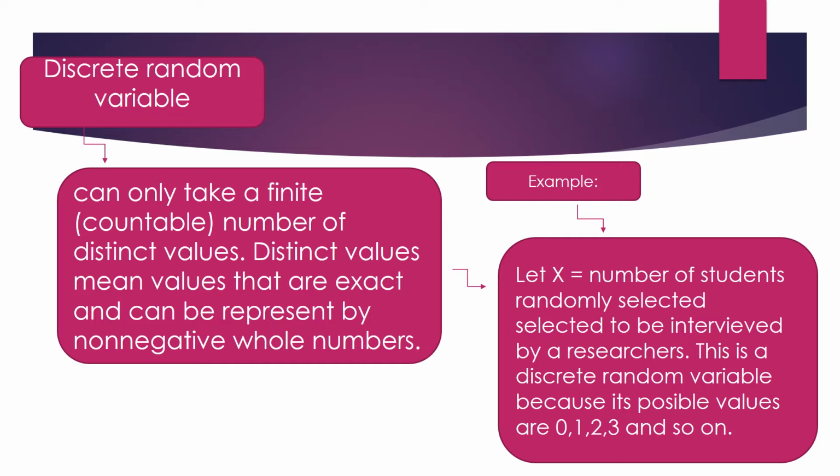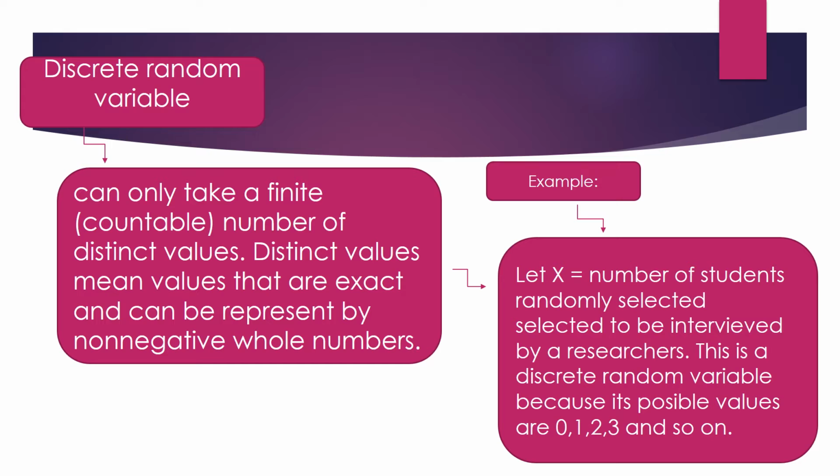Another example: the number of points scored in the last season by a randomly selected basketball player in the PBA. That statement is a discrete random variable because its possible values are 0, 1, or 2, and so on.